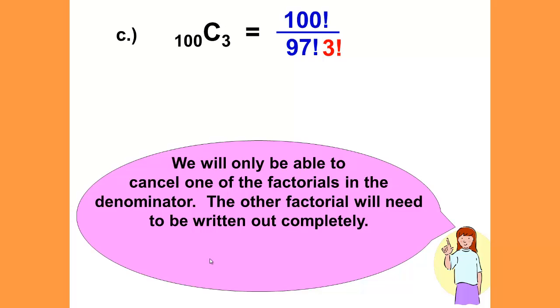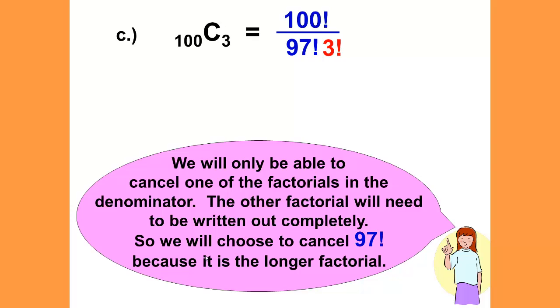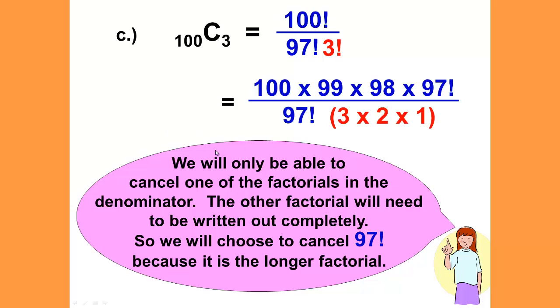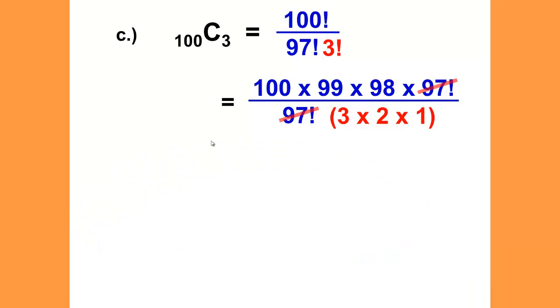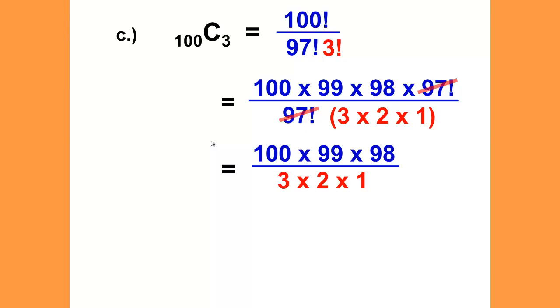The other factorial will need to be written out completely. So we choose to cancel the 97 factorial because it's the longer factorial. We write 100 times 99 times 98 times 97 factorial over 97 factorial. Then we write the 3 factorial out completely: 3 times 2 times 1. The 97 factorials cancel.